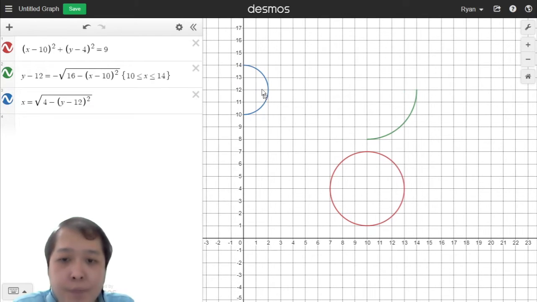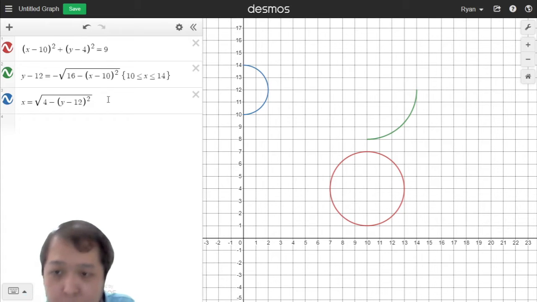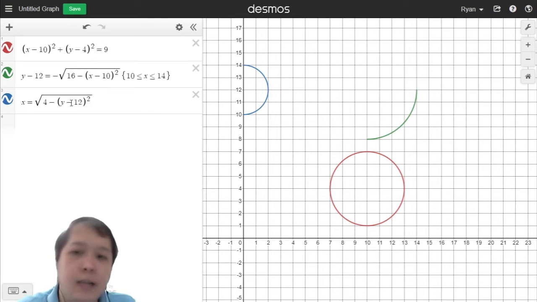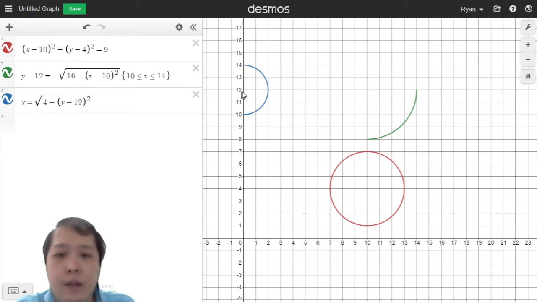We only have positive values for x. The negative part is not possible. Okay, and again, the center would be 0, 12 here. No modification in the x part, and the y is positive 12 here, the opposite sign, remember. So the center is 0, 12, it's obvious, and the radius is 2 coming from the square root of 4.